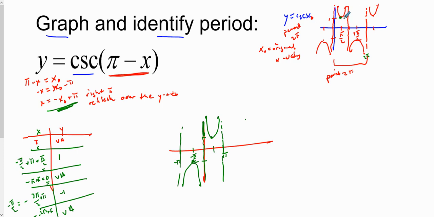Well, that also makes sense because we flipped this, so we moved it to the right pi. So if you think about this, I'm taking this point right here, I'm moving it to the right pi units. So if I took that right there, it would be like right there. But now I'm shifting it and flipping it over in basically the same manner as it was right there. So essentially, we're flipping it.